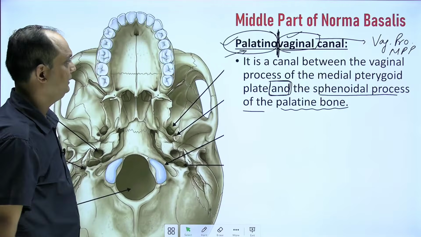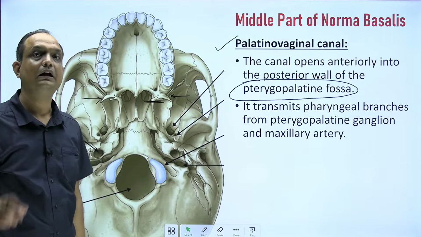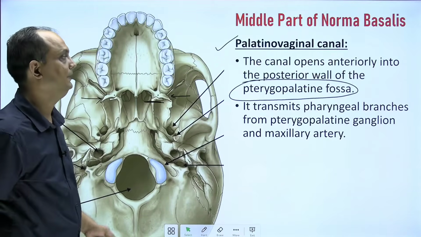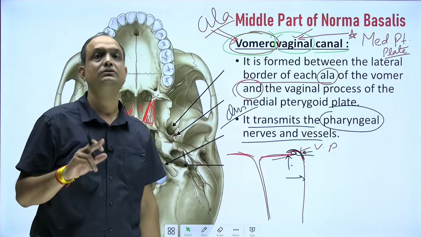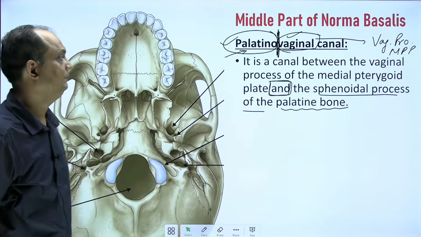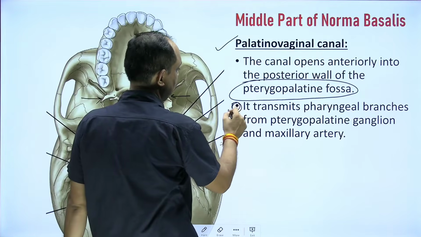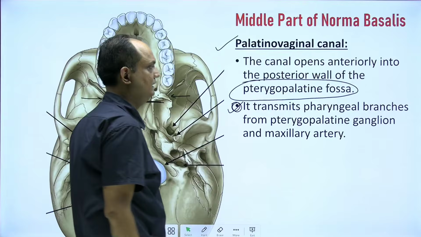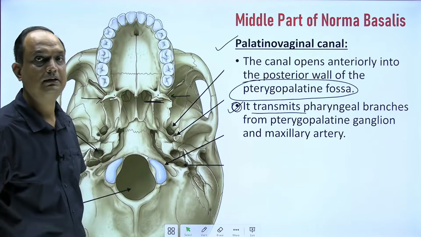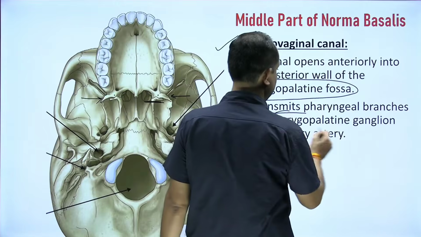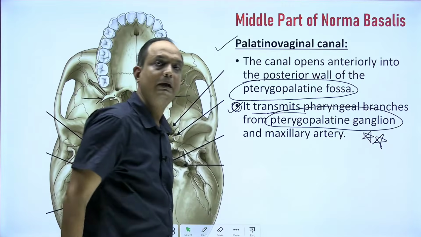So you have to keep in mind that palatinovaginal canal has an opening into the pterygopalatine fossa, but this vomerovaginal canal does not have an opening into the pterygopalatine fossa. And when you talk about the contents of this palatinovaginal canal, it also transmits the pharyngeal branches, but they are coming from the pterygopalatine ganglia, which is a content of pterygopalatine fossa.